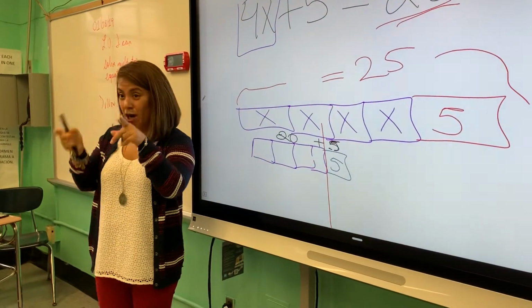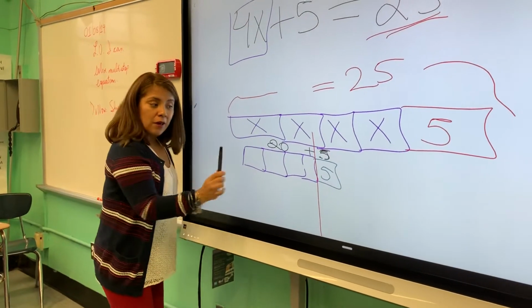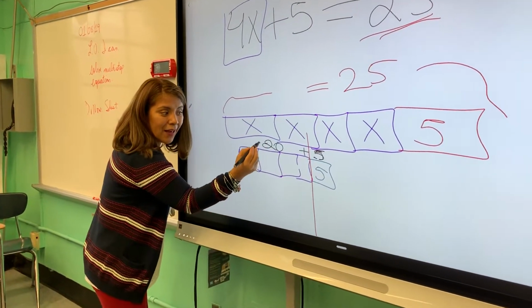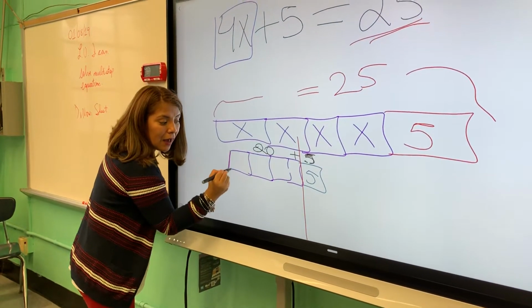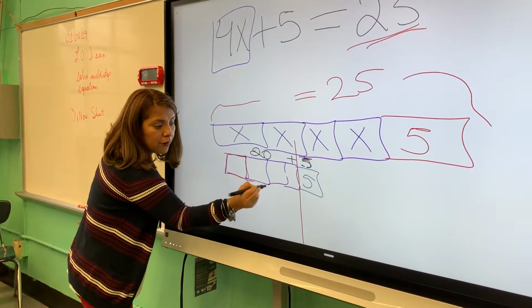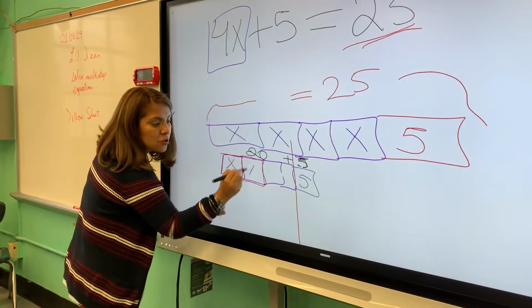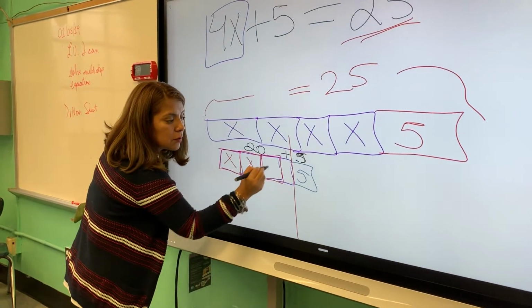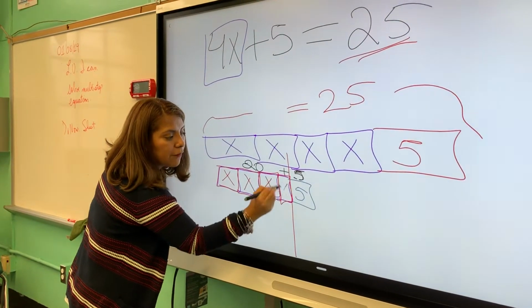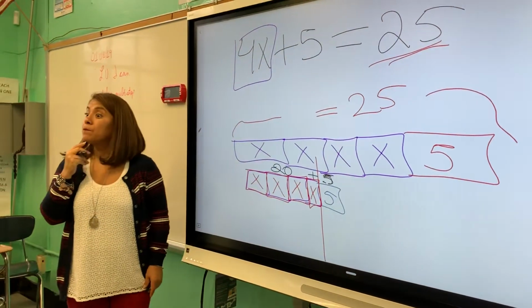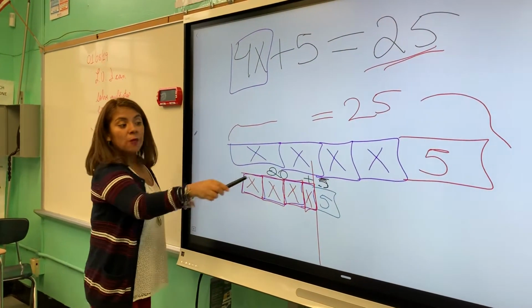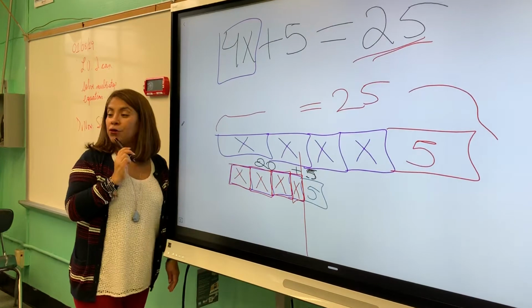Now I know where you guys are coming from. So now this 20, how many x's do you have there according to this? How many variables? 4. So my 20, into how many am I going to divide it?